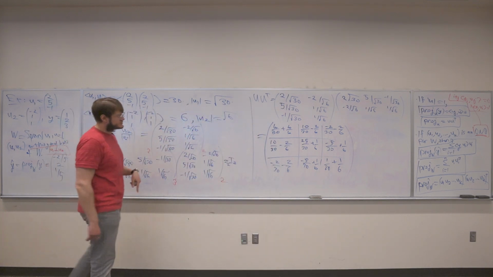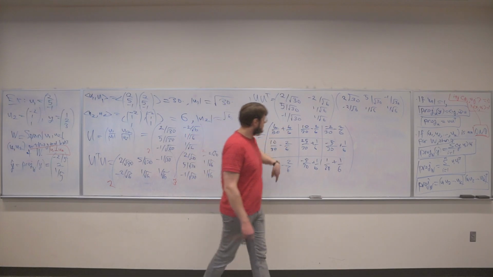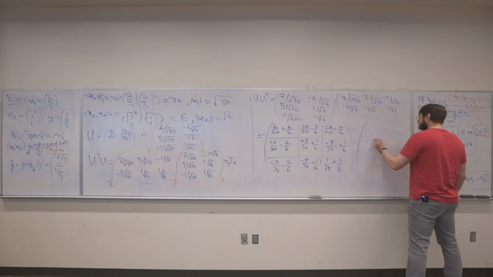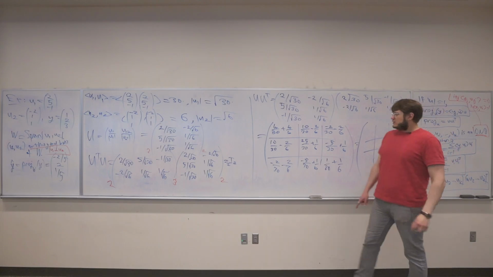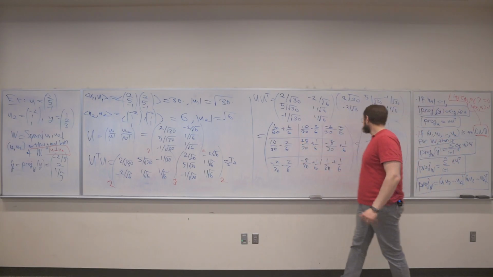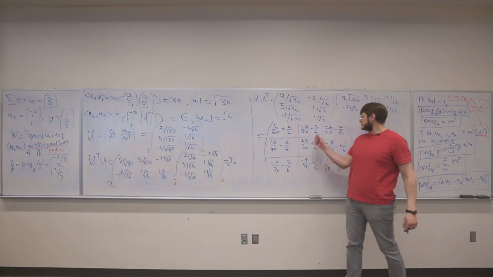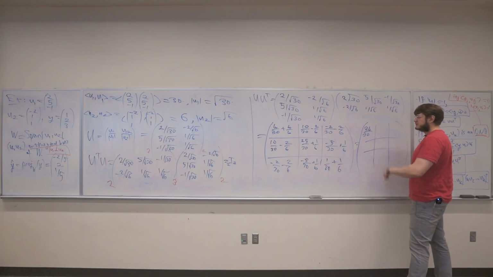Okay, consolidating, I can simplify this a little bit. I can multiply the numerators and the denominators by 5, so I have this. 20 plus 24 divided by 30, multiplied by 10, that's 0. Yes, it's 0.